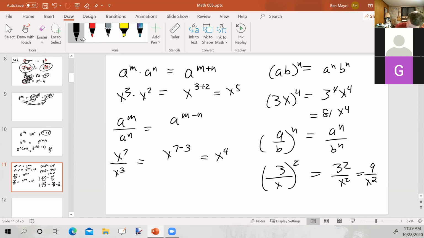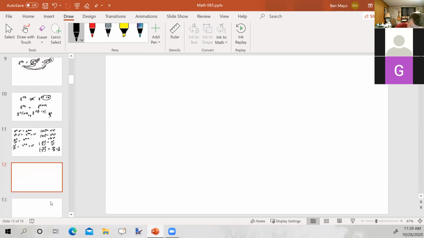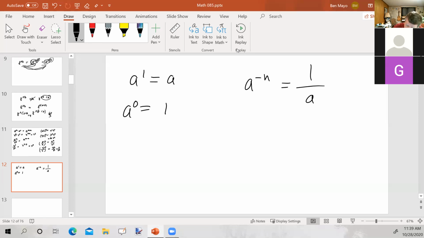And now for some more rules. Let's see, what have I left out? Quotient. If you have a to the 1 power, that's the same as a. If you have something to the 0 power, that's just plain old number 1. If you have a base raised to a negative exponent, that's 1 over that base raised to a positive exponent.